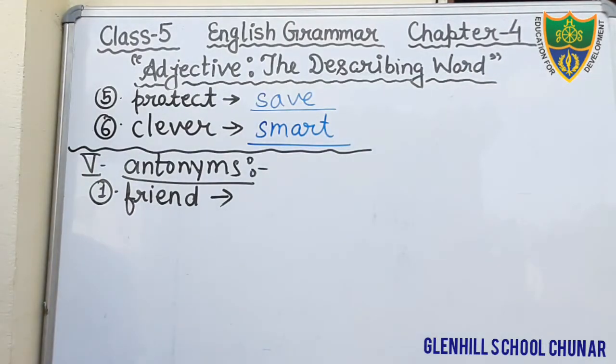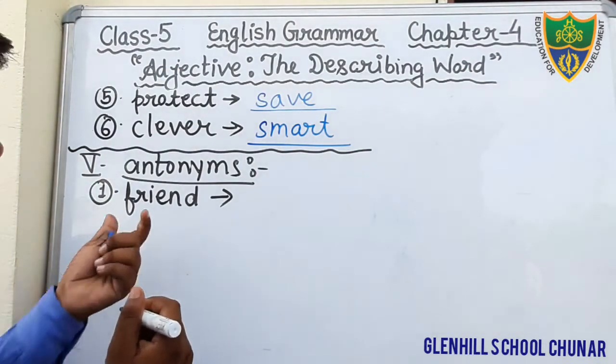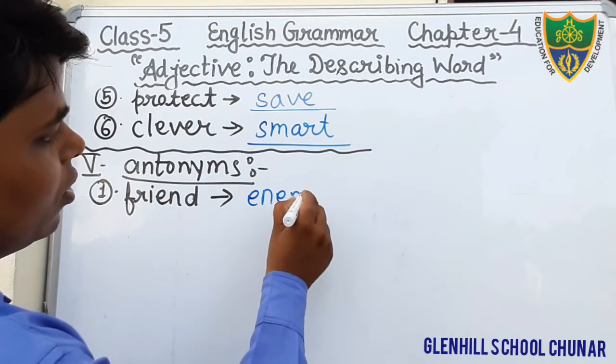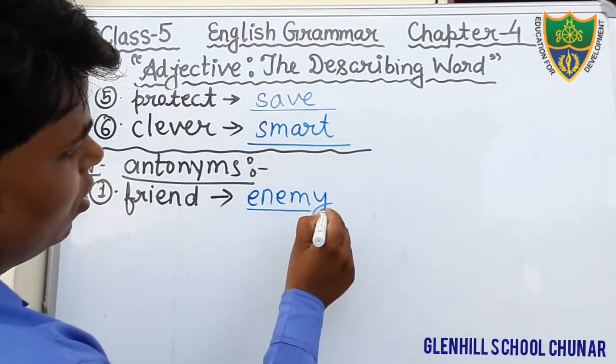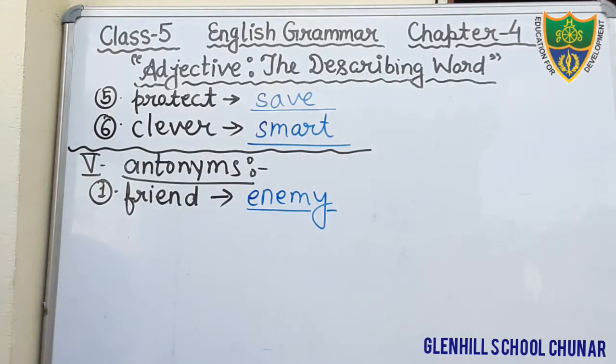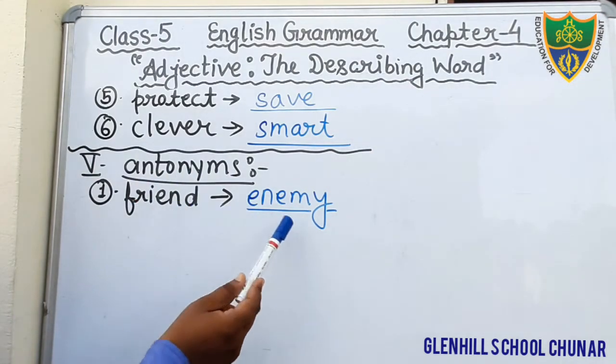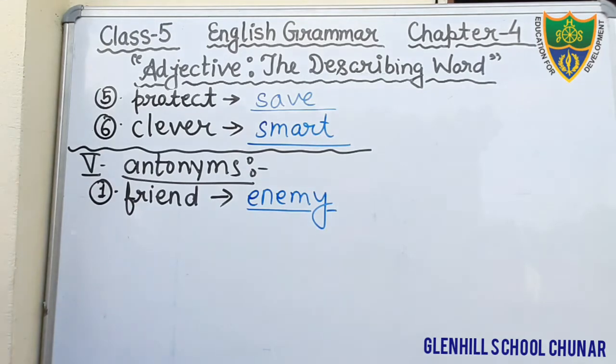Enemy means shatru, dushman. So write in the blank: E-N-E-M-Y. The appropriate antonym for the word friend is enemy. Next question, question number 2.